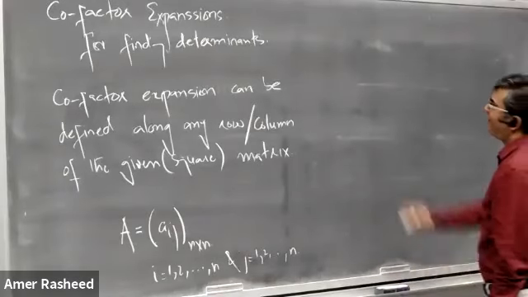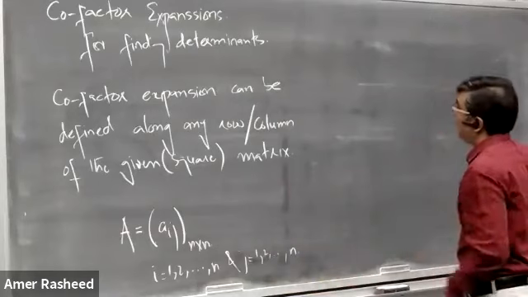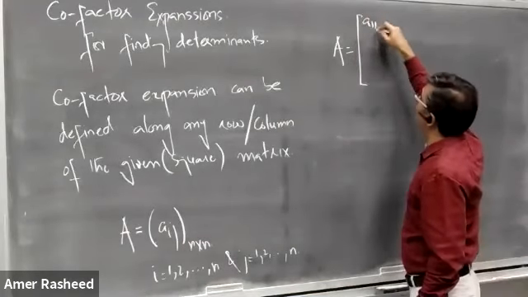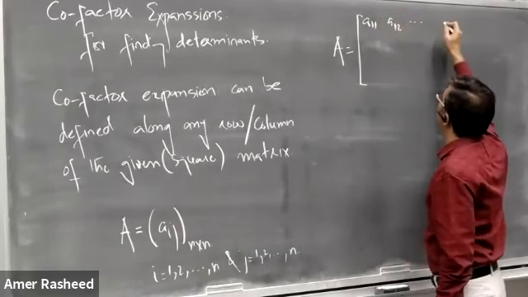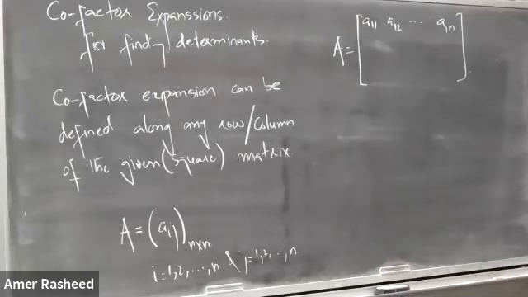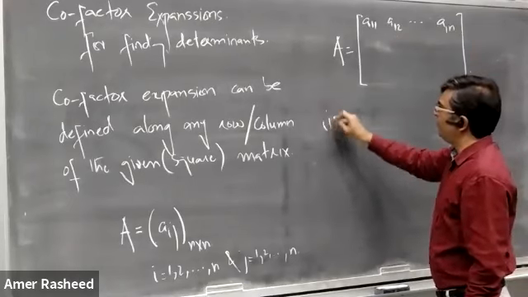Now, what is the first row of this matrix? If we expand it, we get A11, A12, and so on, A1n. So this is the first row. We are going to define the cofactor expansion corresponding to the first row.